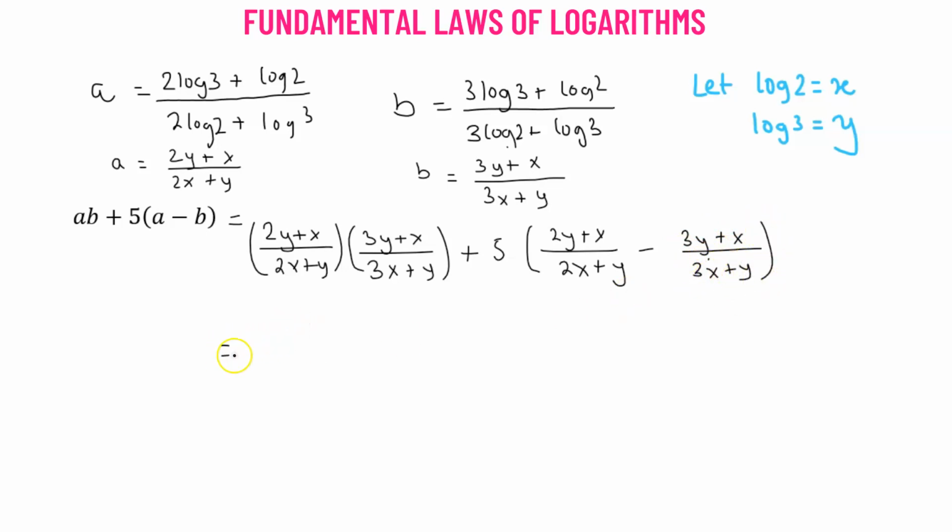So let's find this value. We will multiply the numerator and the denominator separately. So we have 2x plus y multiplied by 3x plus y.